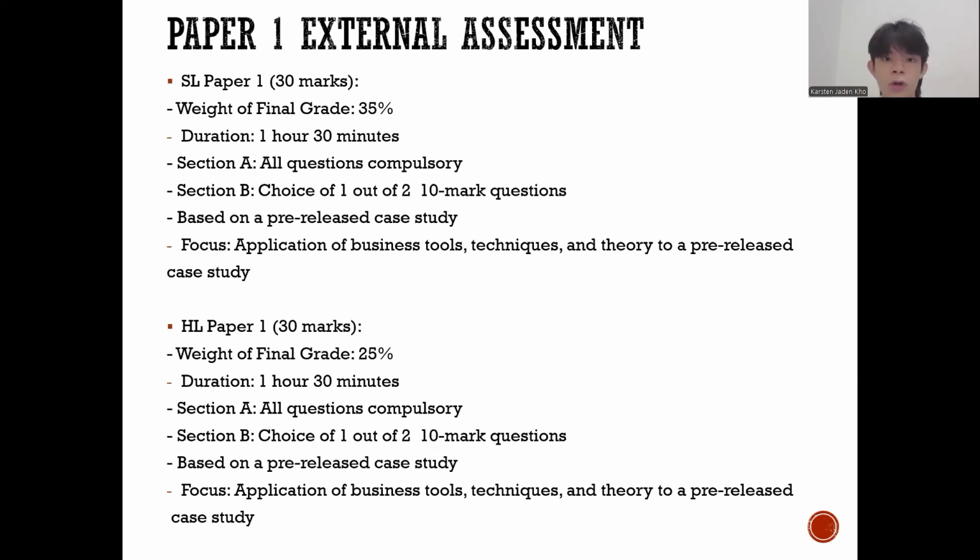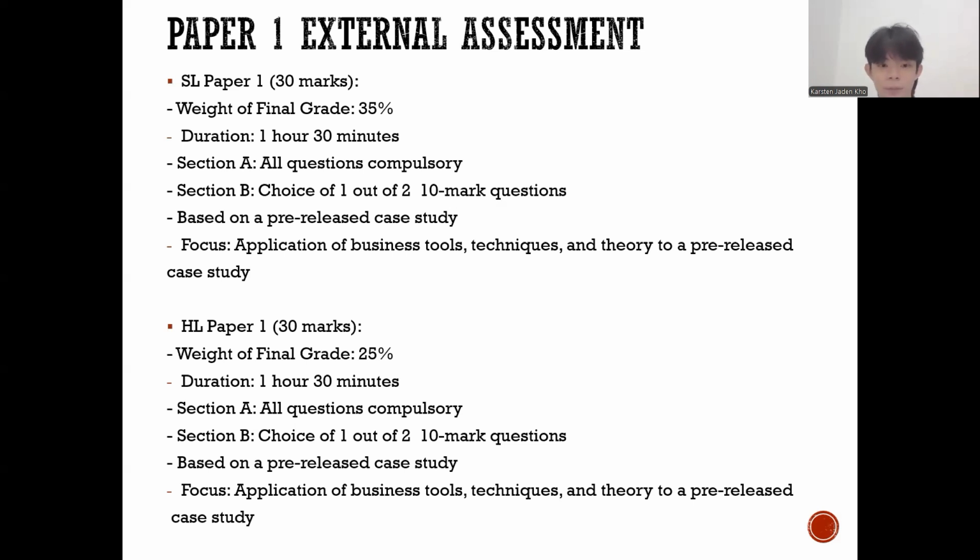So, for the paper 1 external assessment, as you can see, SL paper 1 is 30 marks, same as the HL paper 1. However, the weight of the final grade is different, as the SL paper 1 has a higher weight. The duration is the same, and there are two sections for paper 1 for both HL and SL.